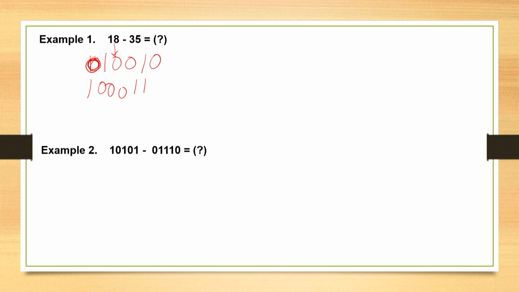So we have to do what? By using 2's complement, first step is what? You have to find the 2's complement of 35. So for 2's complement, we have to find the 1's complement and then add 1. So 1's complement becomes what? Replace 0 by 1 and 1 by 0.